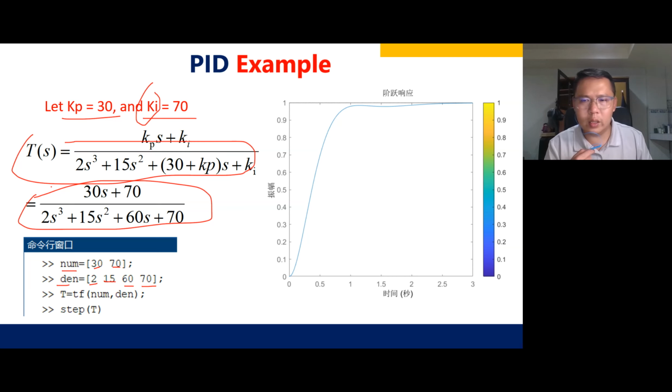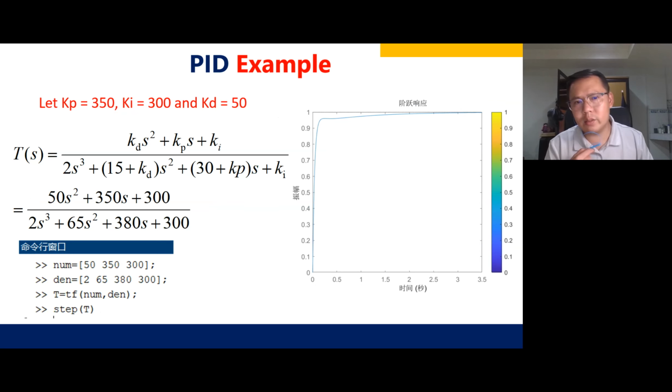Define T equal to tf(num, den). Then use step(T). We can get a graph of the figure like this. We can see that the curve is relatively more stable.